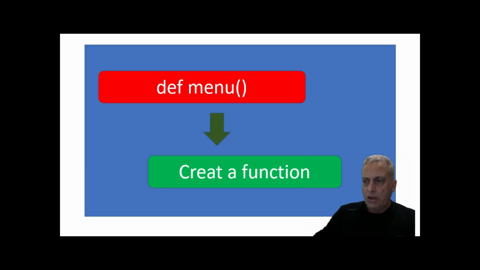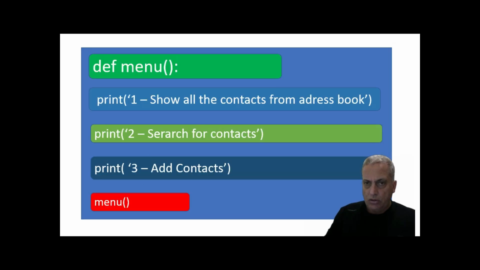For example, if you have the word menu, you use def and create the word menu, and you can create a function with this word. You put def menu and print the first option of your menu, then the second option, and then the third option.